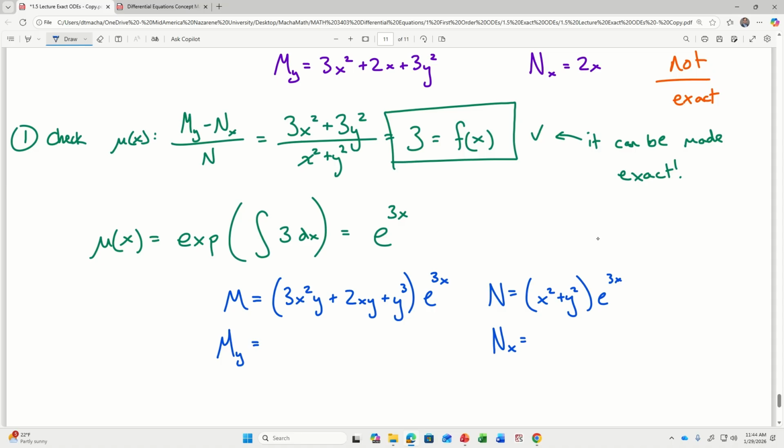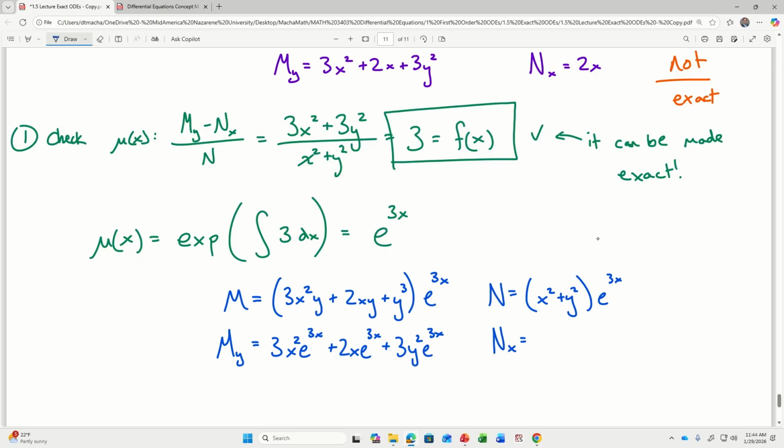And the partial of this with respect to y would be 3x squared e to the 3x plus 2x e to the 3x plus 3y squared e to the 3x. I guess I could have just factored out e to the 3x. Oh well.